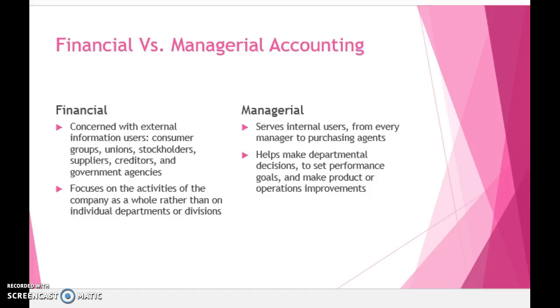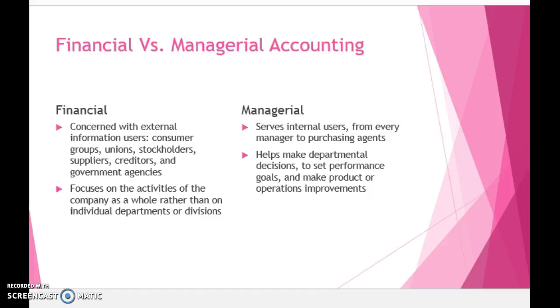At this time, we will compare financial and managerial accounting, which starts on page 358 in the textbook. Financial accounting is concerned with external information users, consumer groups, unions, stockholders, suppliers, creditors, and government agencies.